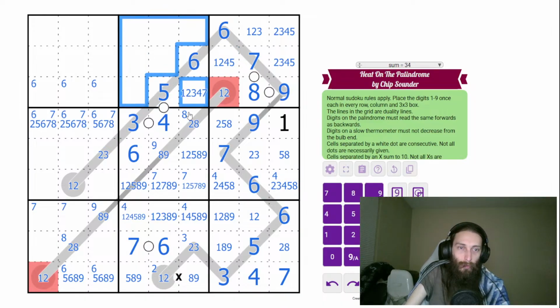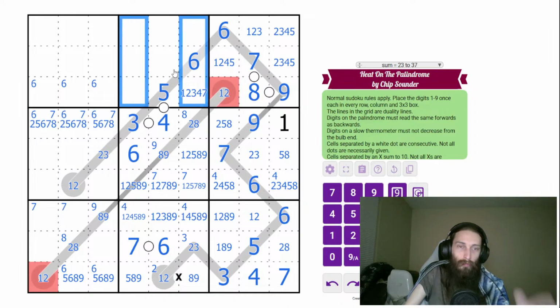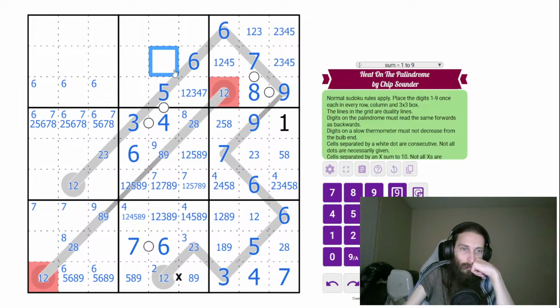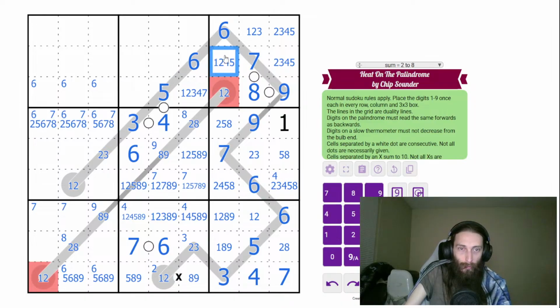Well, where are 4s in box 2? They're not here. And if that was a 4, that would be a 4 to remove this. That would be a 2. Four, 4, 2.